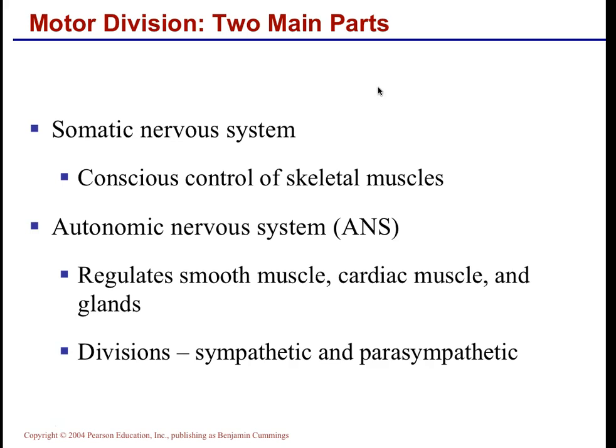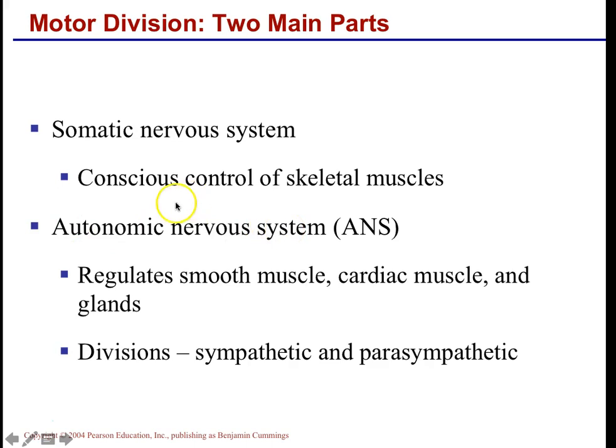So when you think about how your cardiovascular system works, your digestive system works, renal works, etc., all of that is unconscious, is not under voluntary control. I don't have to think about, oh my God, I have to take a breath in now, and then I have to move a piece of food down my esophagus, and oh gee, I need to make some urine, by the by. That just happens automatically. So that is going to be your autonomic nervous system.